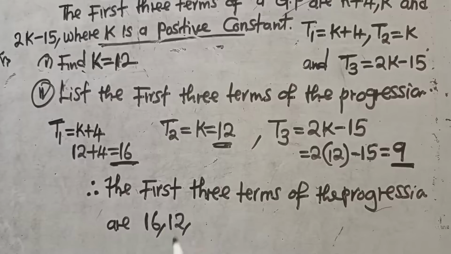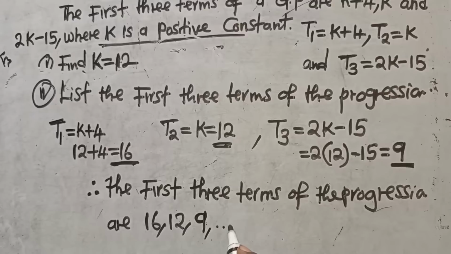Second one, that is 12. Third one, that is 9. Don't just end at the working. As long as you've shown the first 3 terms that they are interested in.